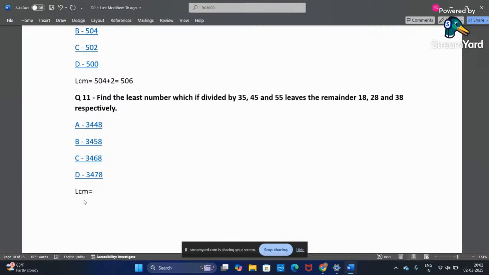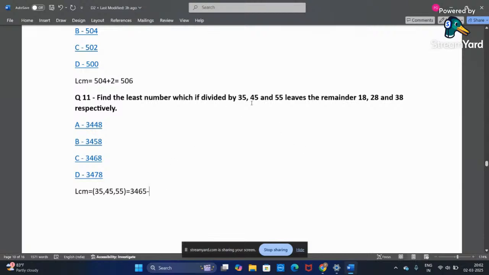The LCM for 35, 45, 55 will be 3, 4, 6, 5. So here, this is not the exact answer. They're leaving the remainder of 18, 28, 38. So you should not directly subtract 18, 28 or 38.